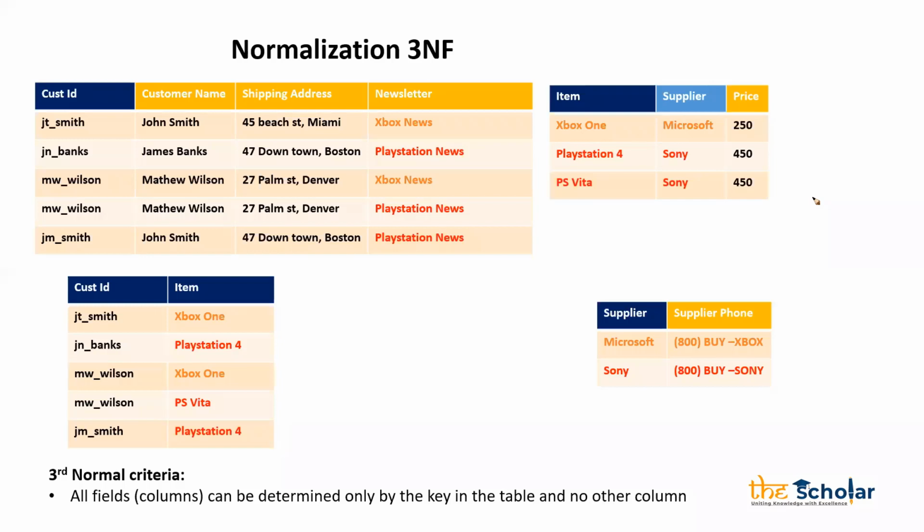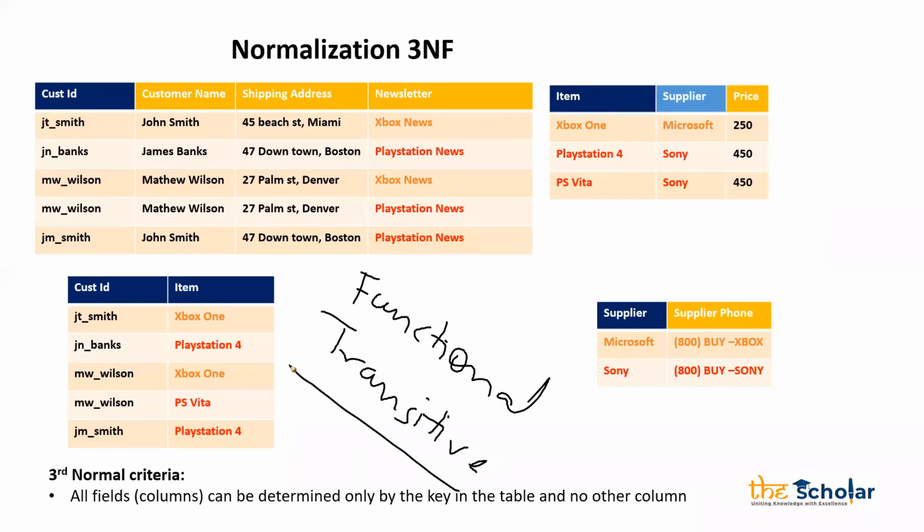So now this particular table is in the third normal form, where I don't have any functional dependency, which I removed in the second normal form, and I don't have any transitive dependency. I removed that as well.